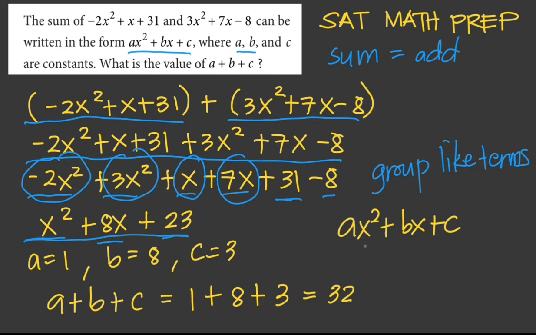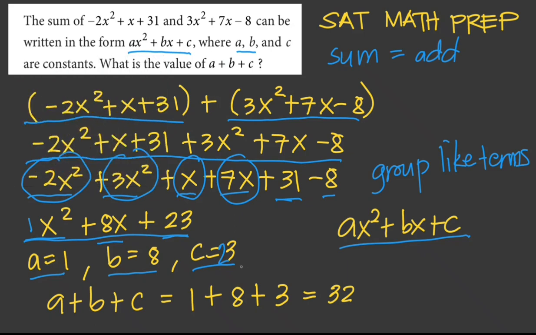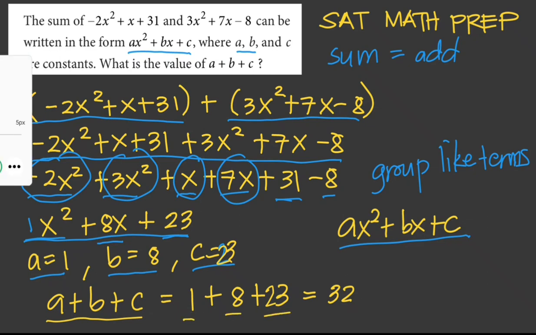Since the standard form of a quadratic is ax squared plus bx plus c, our a here is equal to 1, b is equal to 8, and c is equal to 23. So we add up a, b, and c: 1 plus 8 plus 23. Then we get an answer of 32.